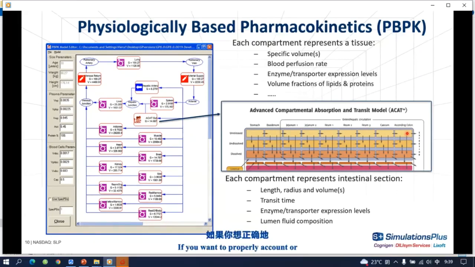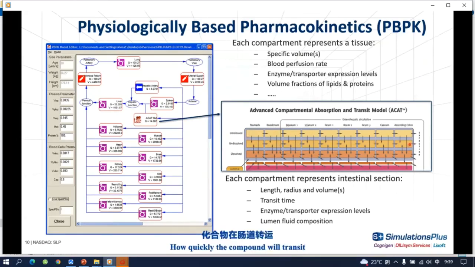So if we want to properly account for or predict how an orally administered compound or oral formulation will behave in children of different ages, it's going to be very difficult if we were relying on a simple Ka value. If we really want to do that scaling from adults to children, we do also need to account for changes in that intestinal physiology.